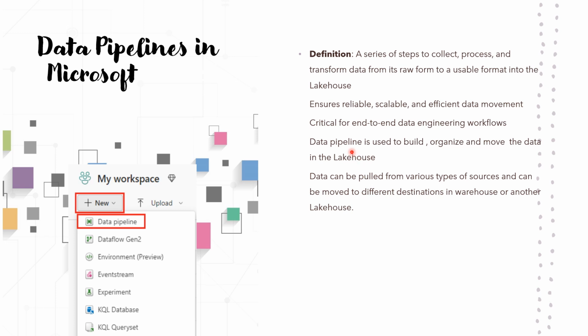This is critical for end-to-end data engineering workflows. A data pipeline is used to build, organize and move the data in the lakehouse. The data can be pulled from various types of sources and can be moved to different destinations in a warehouse or another lakehouse. This is all about data pipelines in Microsoft Fabric.